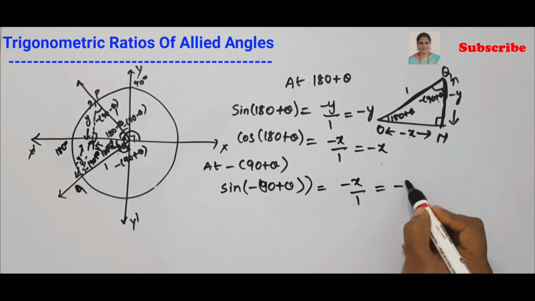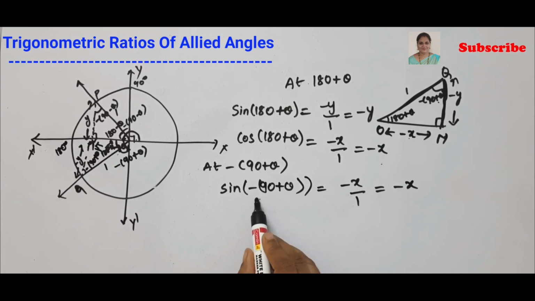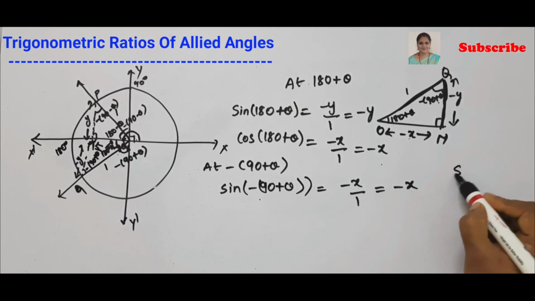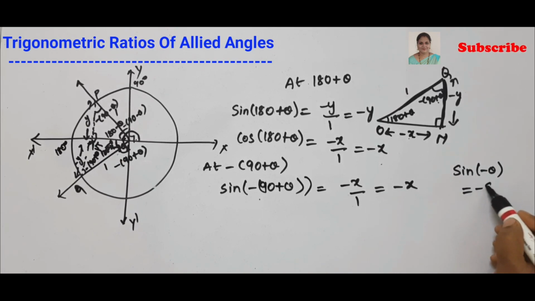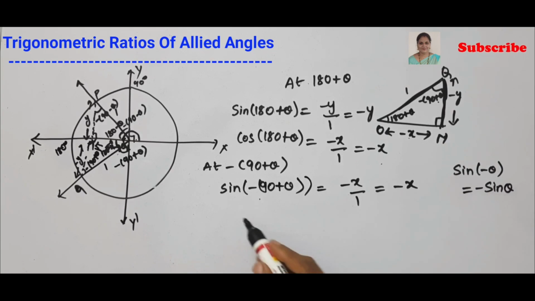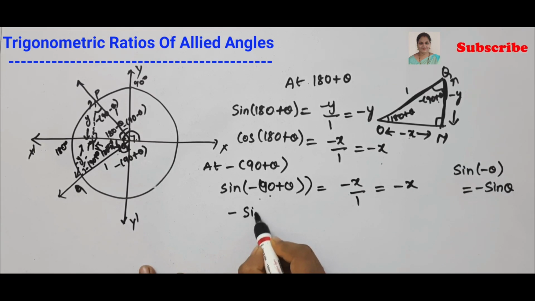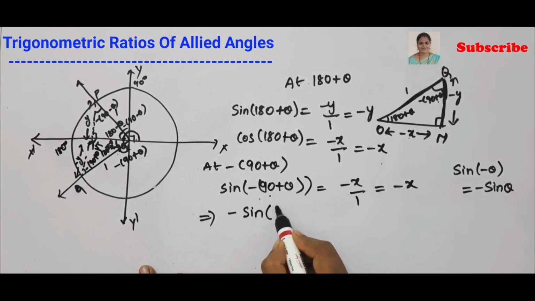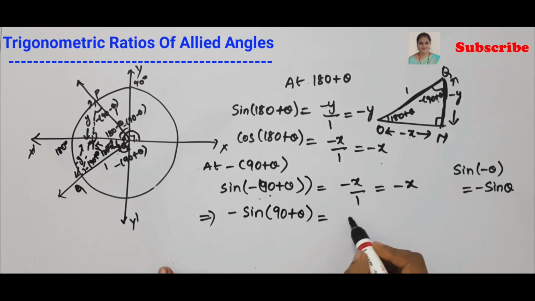So this is equal to minus x. Just now we have learnt that sine of minus theta is equal to minus sine theta. So if we take the whole 90 plus theta as theta, this becomes minus sine 90 plus theta equal to minus x.